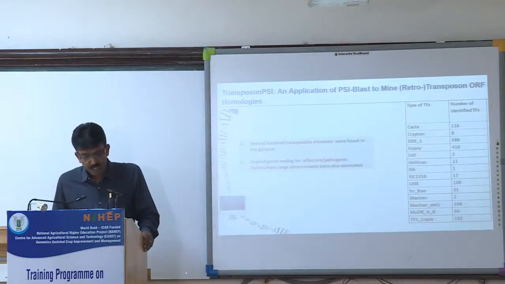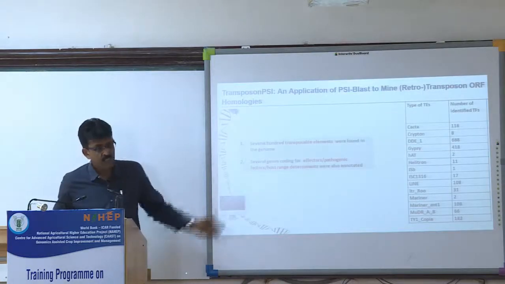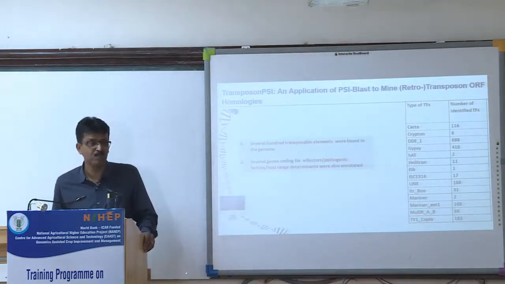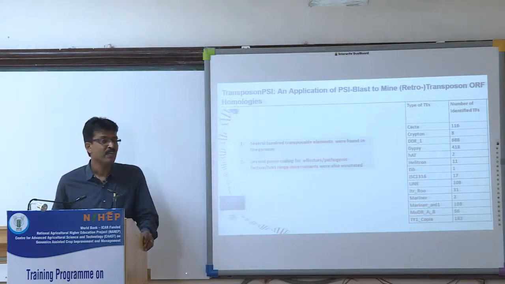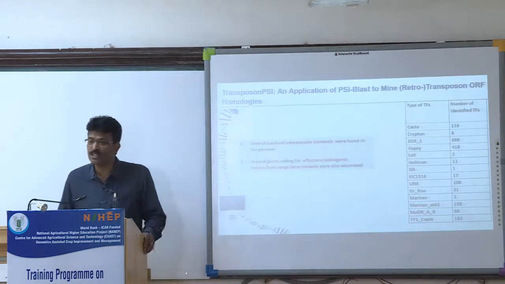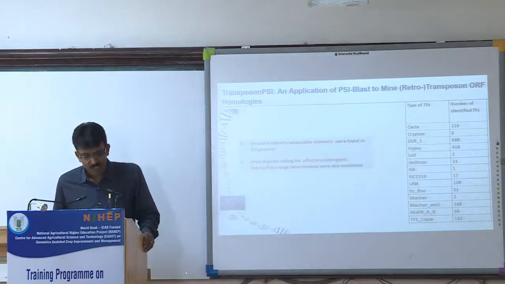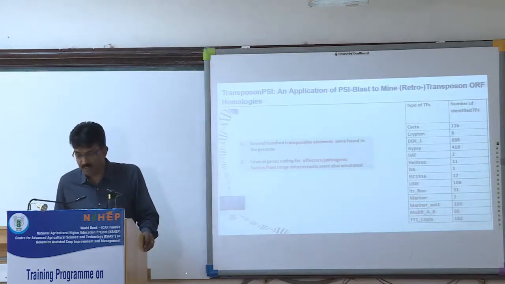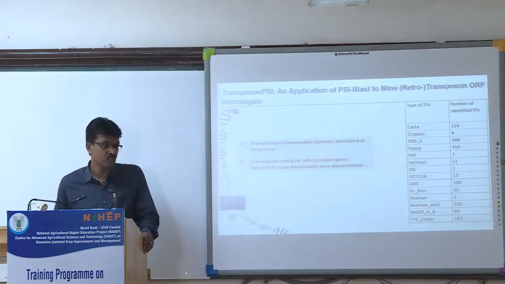And this is another offshoot data people normally generate, whoever is involved in microbial genome sequencing projects. This is what is called identification of transposon coding sequences in the genome, right. So, transposon PSI, an application of PSI-BLAST to mine the transposon homologies in the genome.